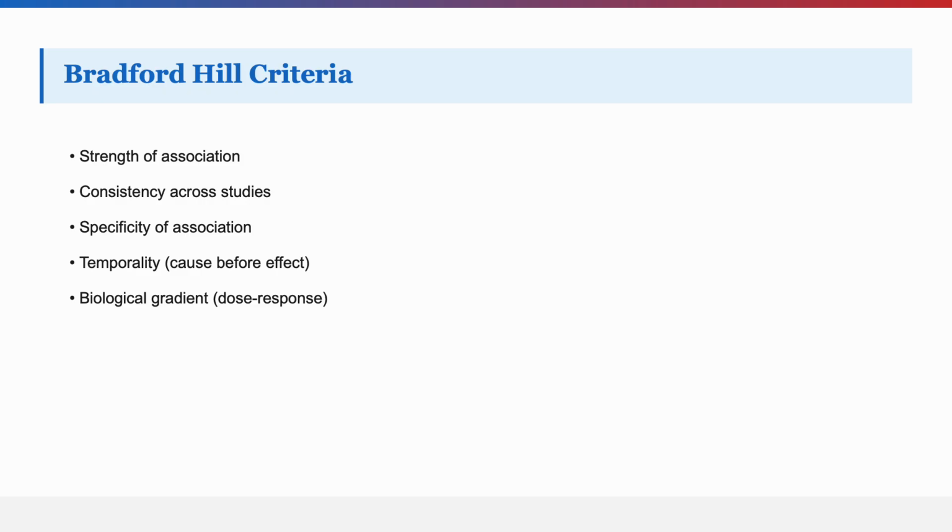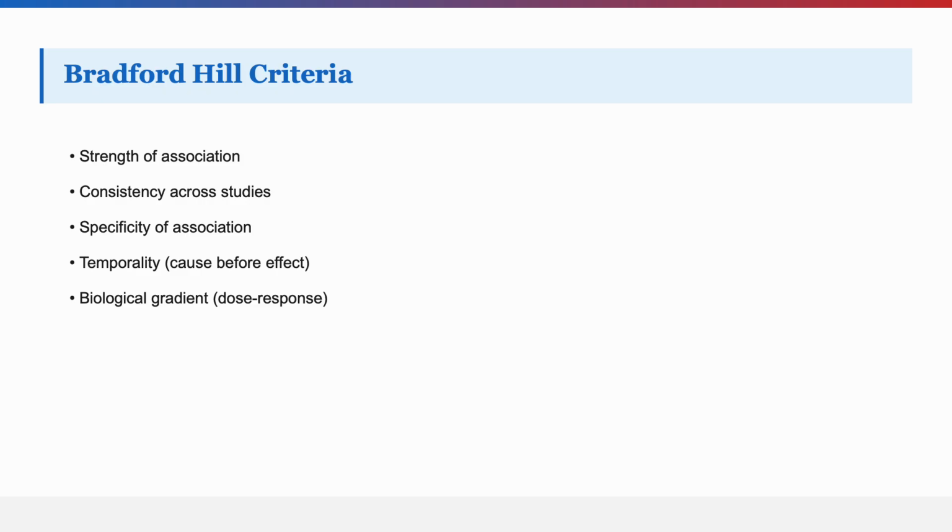Strength of association: strong associations are less likely to be entirely due to bias or confounding. A relative risk of 10 is more convincing than 1.2. But weak associations can still be causal. Consistency: has the association been observed by different investigators, in different populations, using different methods?